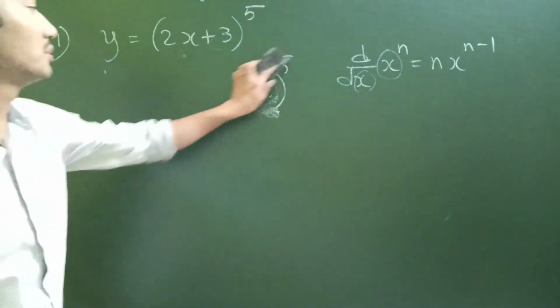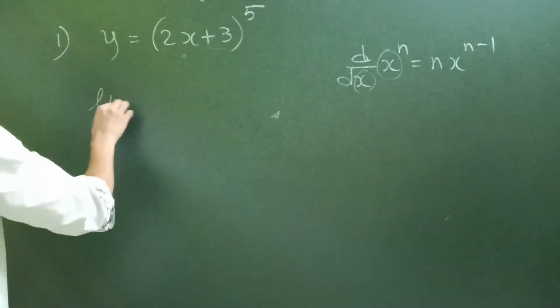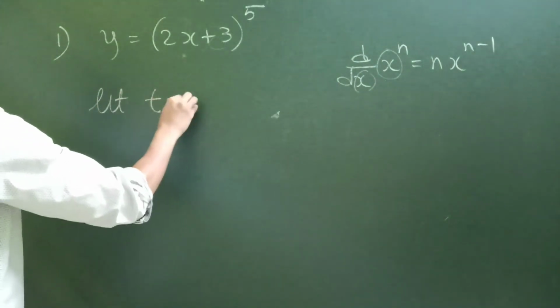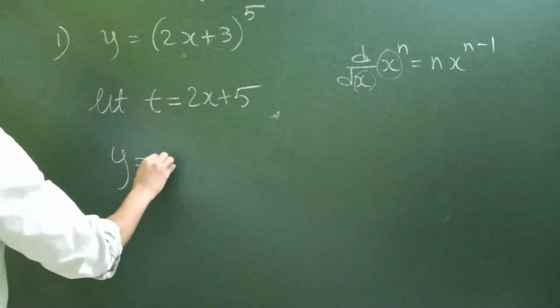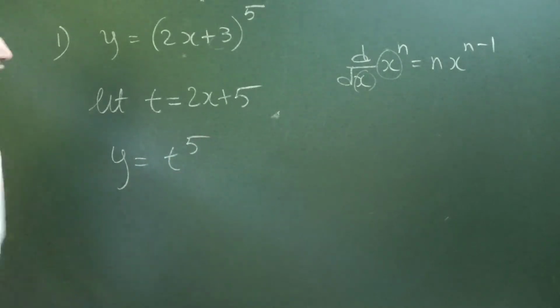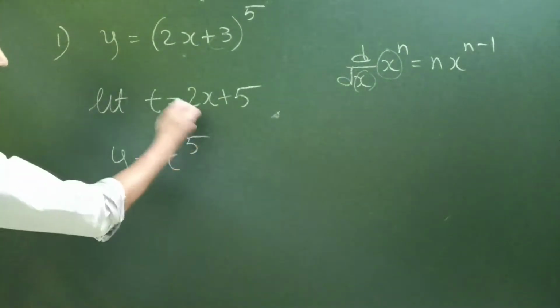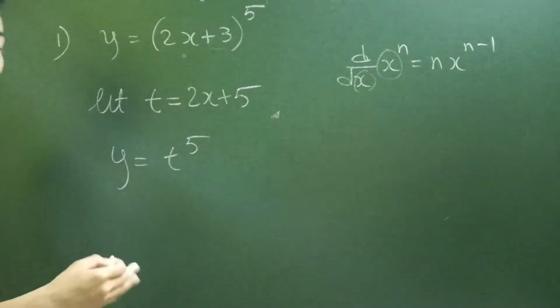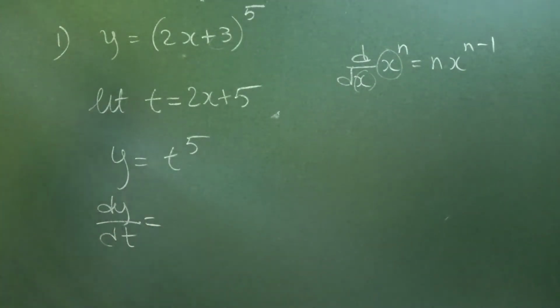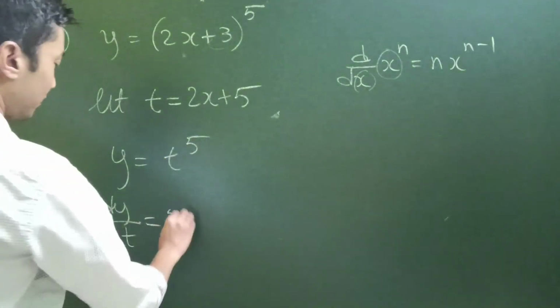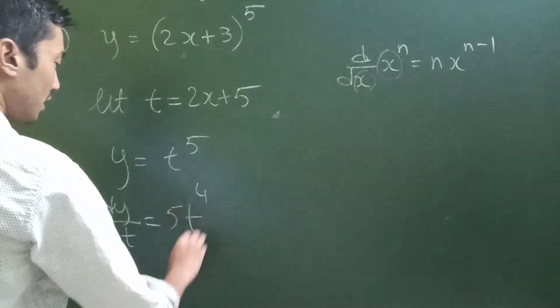So what we will do is adjust: let t equal 2x plus 3. In that case my y becomes t power 5. Remember, I've used two variables, y and t. Now y I can only differentiate with respect to t, so that's going to be 5 t power 4.